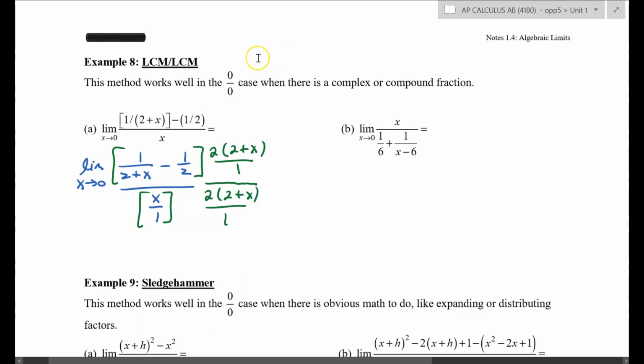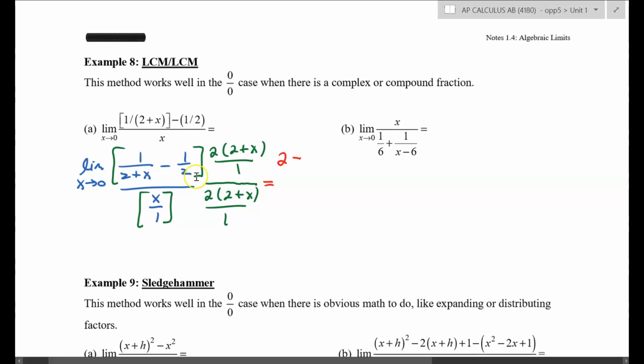Austin, the whole point of doing this is so that when I distribute this to things, what happens? The denominator will reduce. Absolutely. So when I distribute this to the first term, what's going to go away? The 2 plus x. What's going to be left? 2 times 1. When I distribute this to the second term, what's going to reduce?